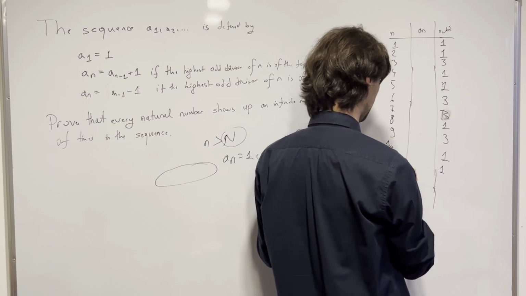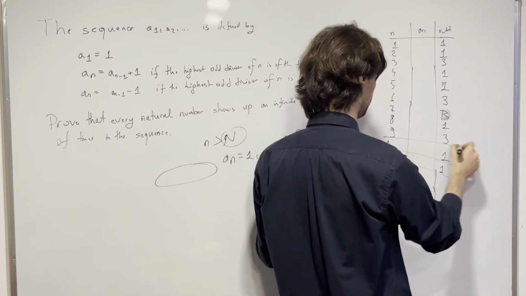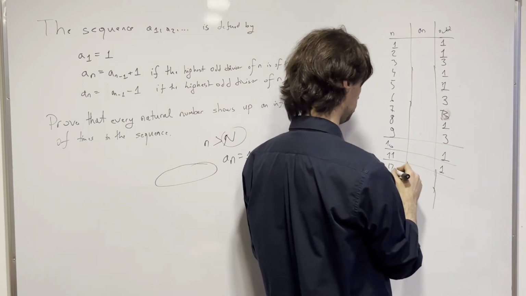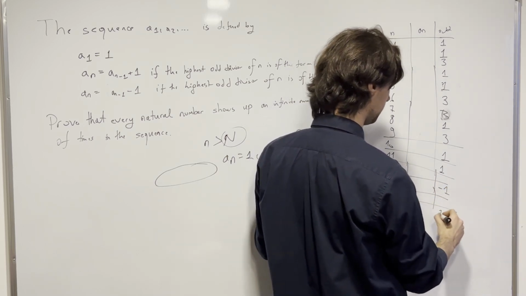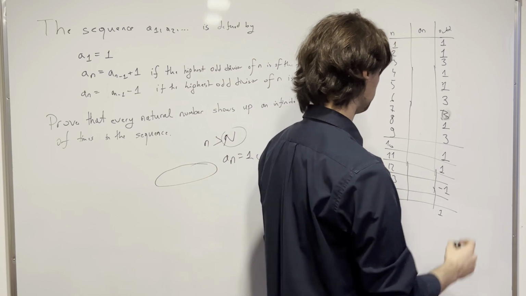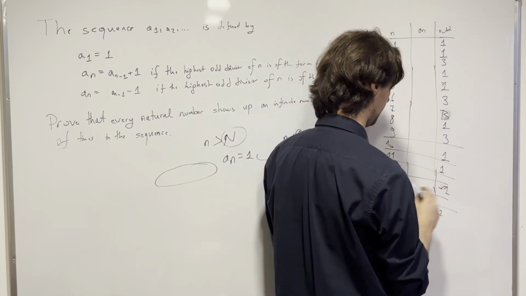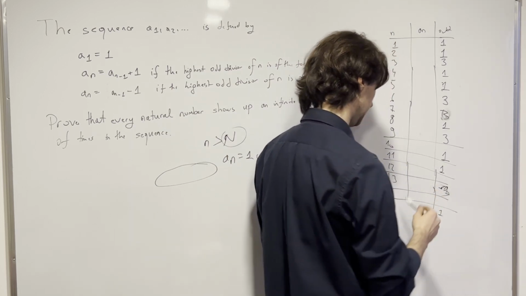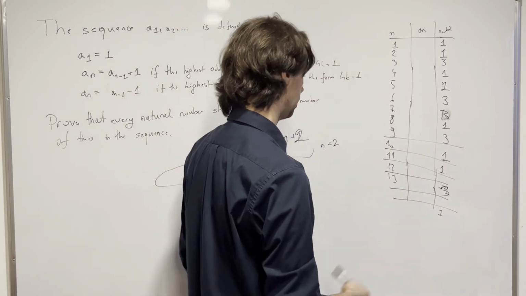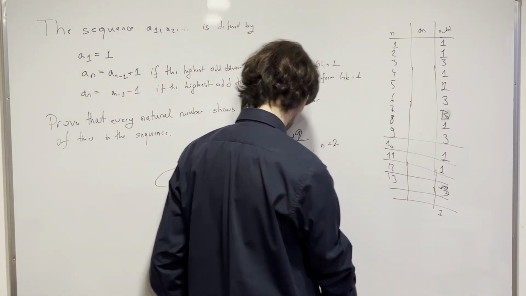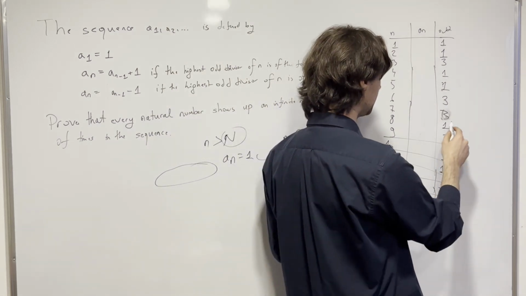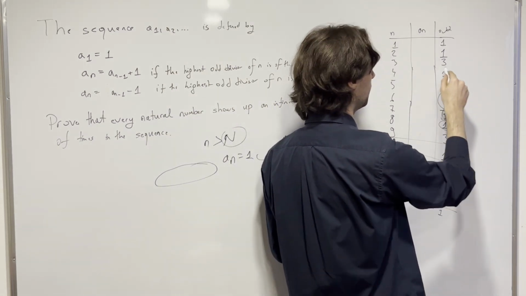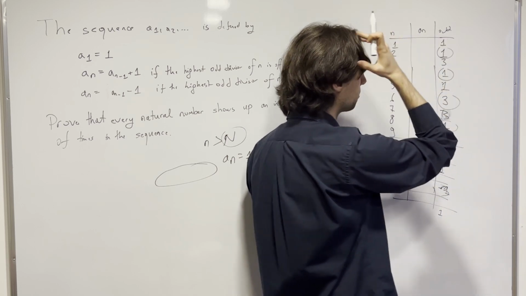So one thing I notice is that when I get the odd numbers, 12, 13, every time I'll get the odds, 1 and minus 1 will alternate, or 1 and 3 will alternate. Now the question is what happens on the even numbers? That is, I think, where the crux of the problem is, because on the evens I get a 1, a 3, a 1, a 3.